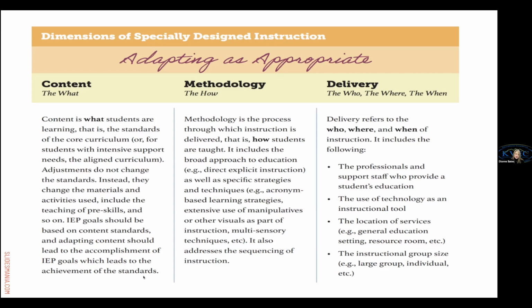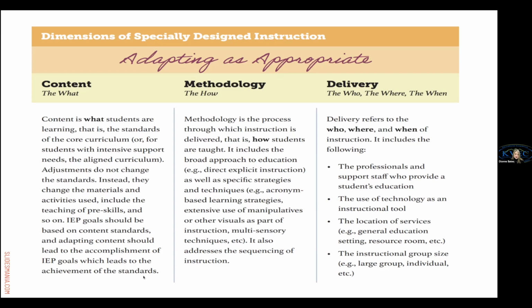And so when we think about writing an IEP, we have to write an IEP goal that's based on standards, where we're wanting students to move to, because our whole goal in special education is for students to have access to grade level standards. So we don't ever want to lower that expectation. We want to continue to make those standards available to students and engage them in that learning.